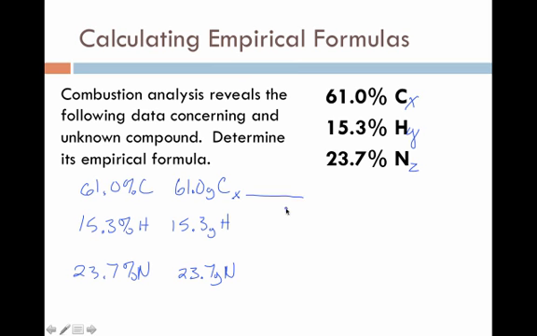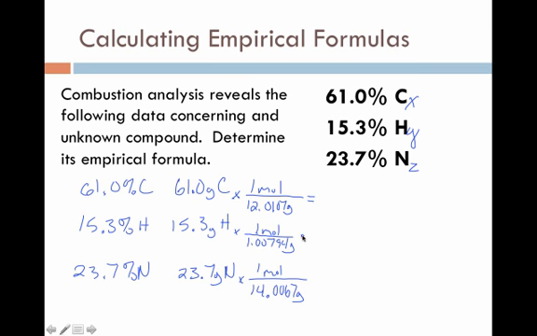You have to look up these masses on your periodic table. Turns out that there are 12.0107 grams for every 1 mole of carbon. There are 1.00794 grams for every 1 mole of hydrogen. And there are 14.0067 grams for every 1 mole of nitrogen.